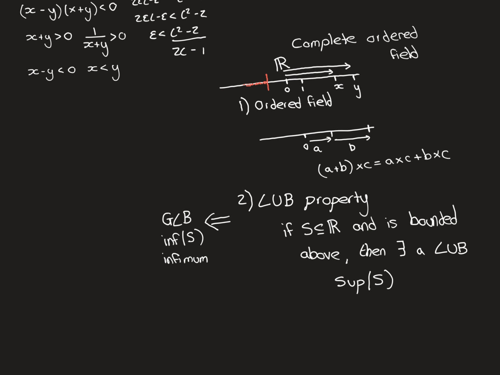That's what we'll do in subsequent videos. Later in the playlist on real analysis, we will show that it is possible to abstractly construct a field that is ordered and obeys the least upper bound property.